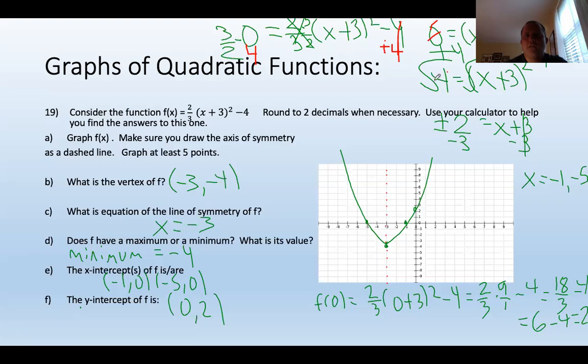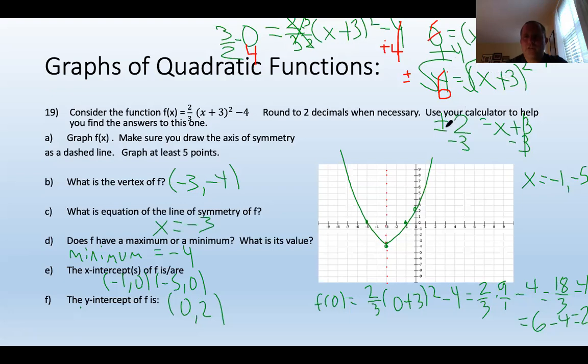And so then you'd have to square root the square up here, and you'd have plus or minus square root of 6 equals x plus 3.